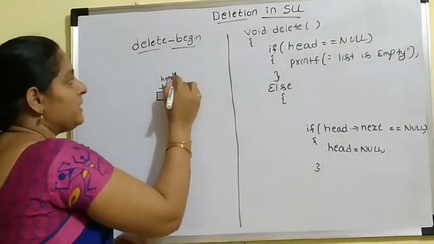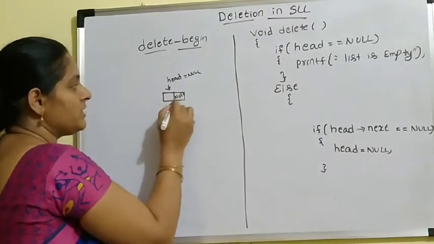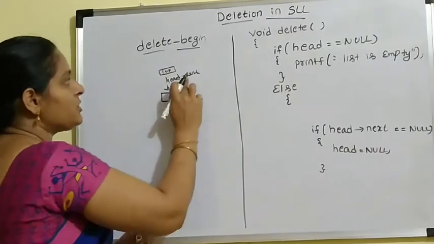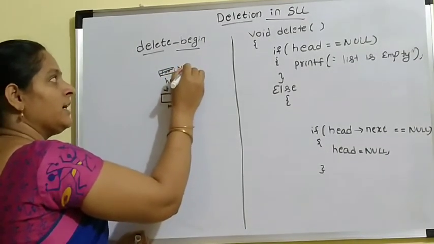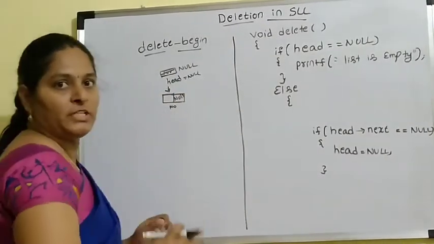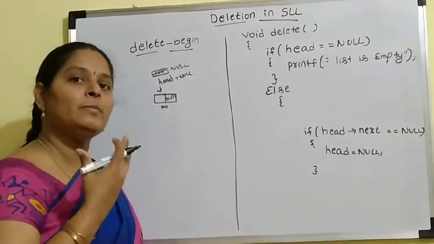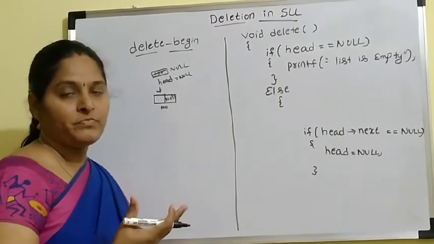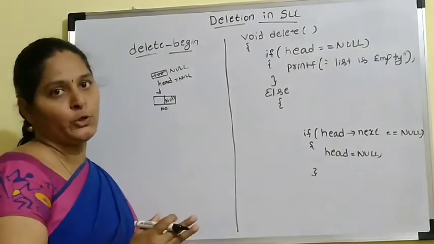In this case, if you simply assign the null value to the head pointer, just assume that this node is stored at location 100, so your head pointer points to location 100. If you assign null to the head pointer, you are replacing that 100 with null. In a linked list, memory is very valuable because the pointers occupy more memory in the heap, so you have to deallocate the memory from the node.